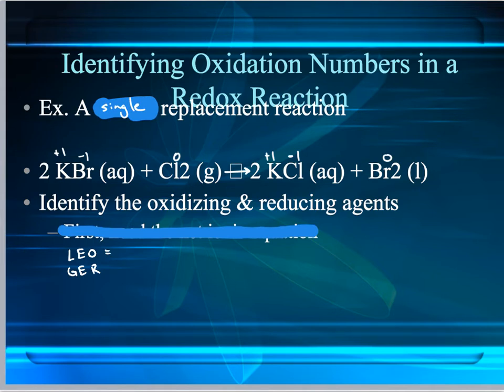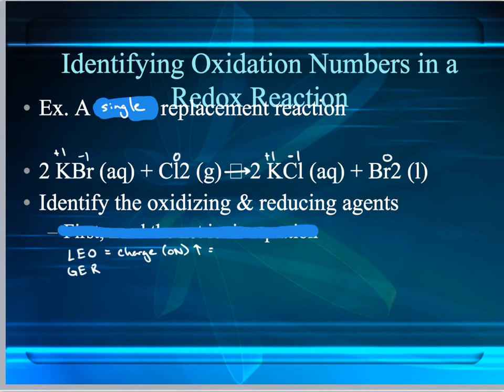And if you're losing electrons, it means your charge or oxidation number is going up. So if we come back up here, well, potassium didn't change. It was +1 and stayed +1, so it's not being oxidized or reduced. Bromine goes from -1 to 0, so that qualifies as the charge going up.